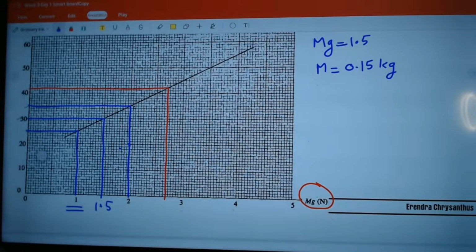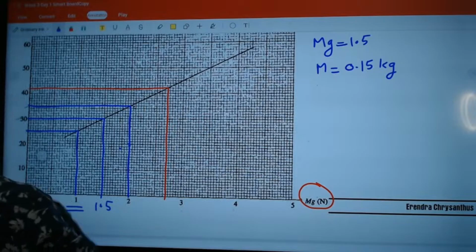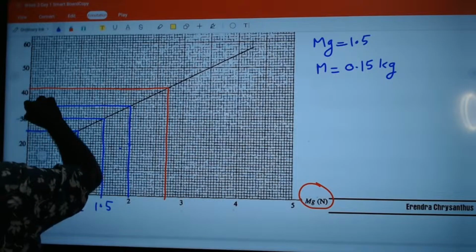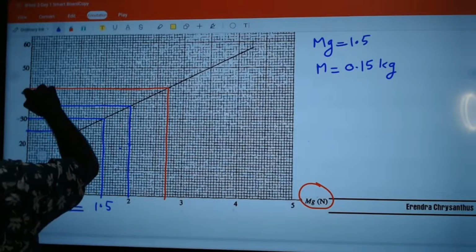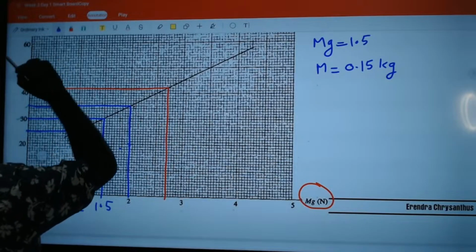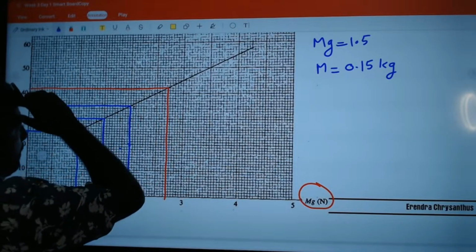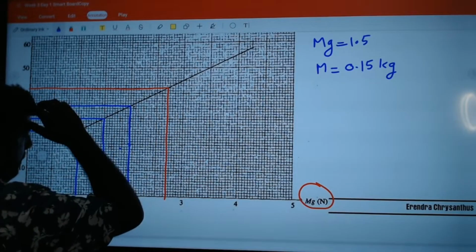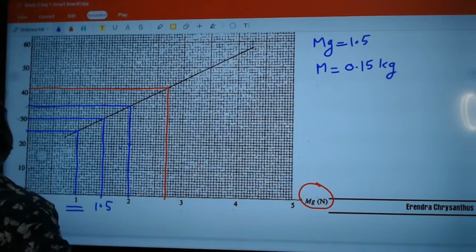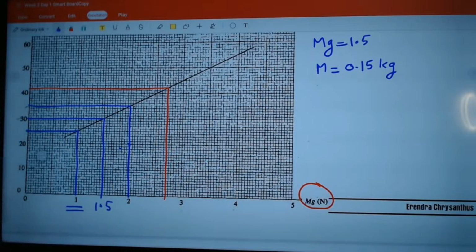41, no? Right. No, I think 41 should be corrected.